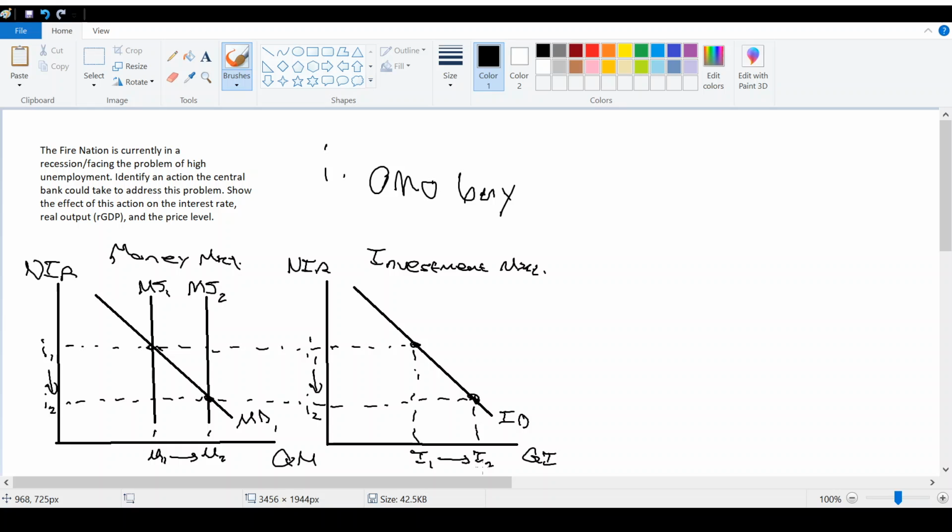Okay, so now we've shown the effect on the interest rate. We've shown the effect on investment, which it didn't ask for, but we need to show. And now we have our final graph, which is going to be a normal aggregate demand, aggregate supply graph, where we show the economy coming up to equilibrium.